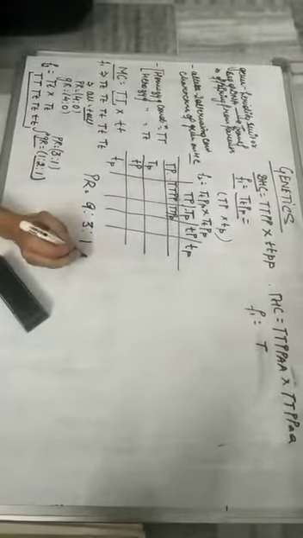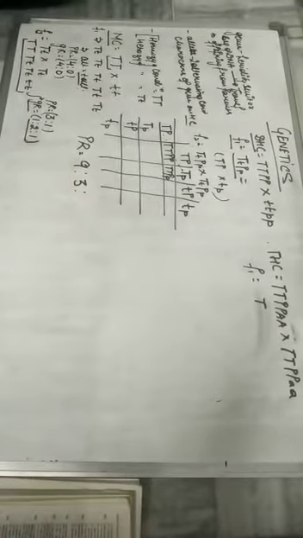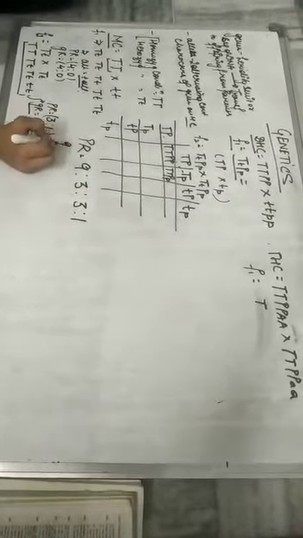Here we have written 9:3:1, but actually it is 9:3:3:1, right? And the genotypic ratio, let's see how we will find it with the formula.